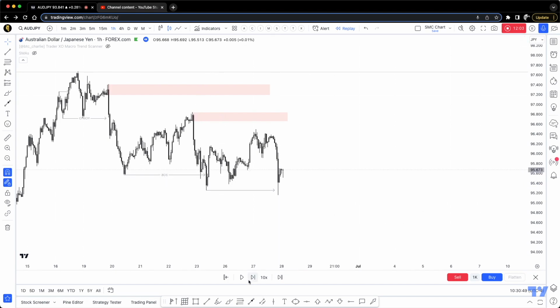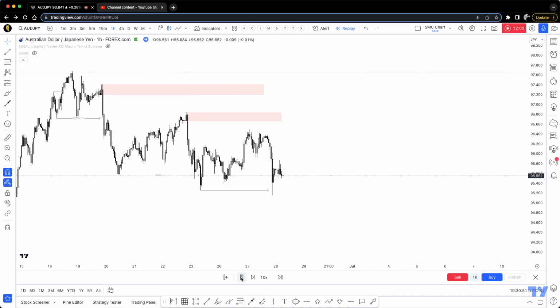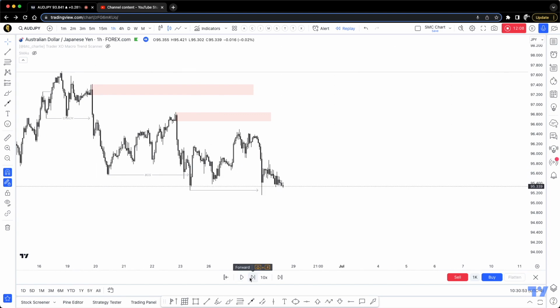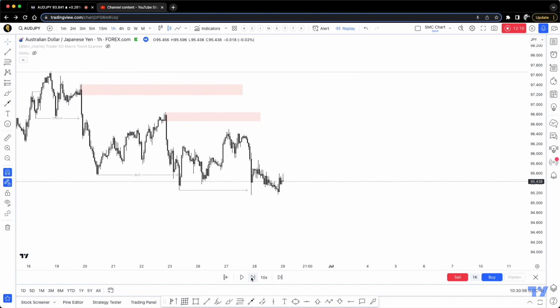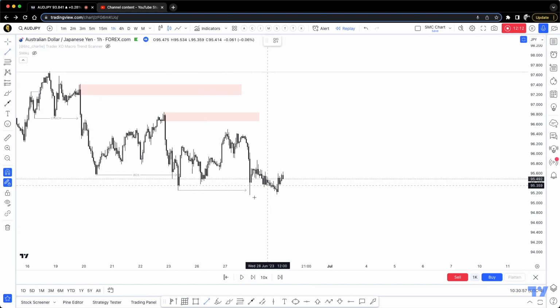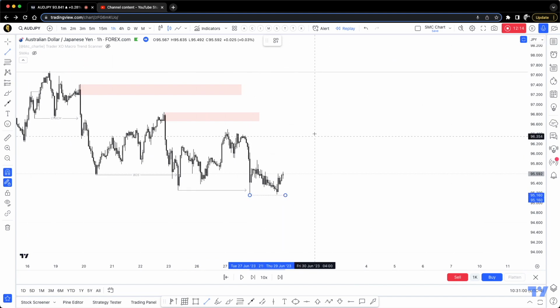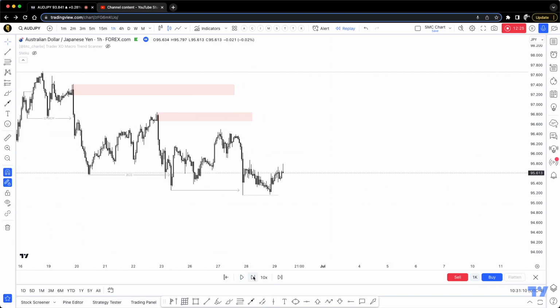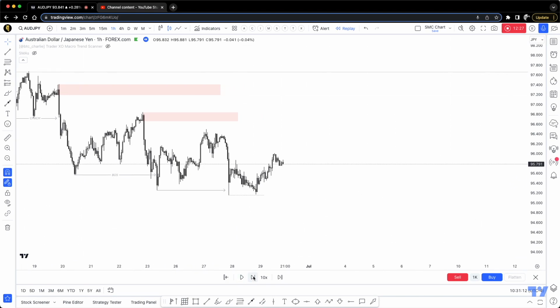Let's see if it's going to break right away. Did it break? Not breaking. It's not breaking yet. So this is still an inducement. Okay, it's not an actual boss, at least not yet.